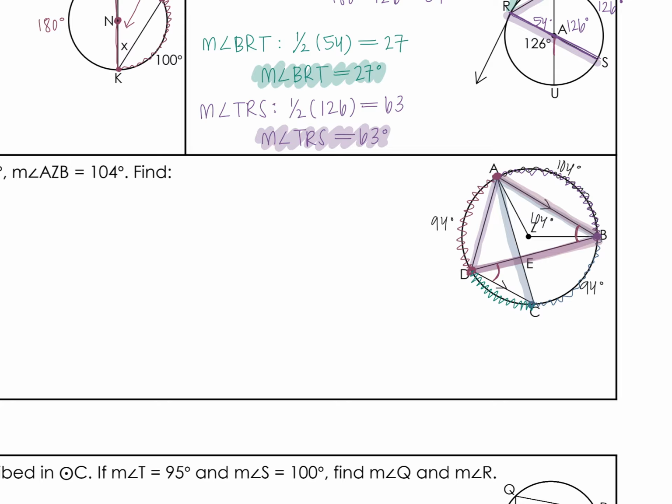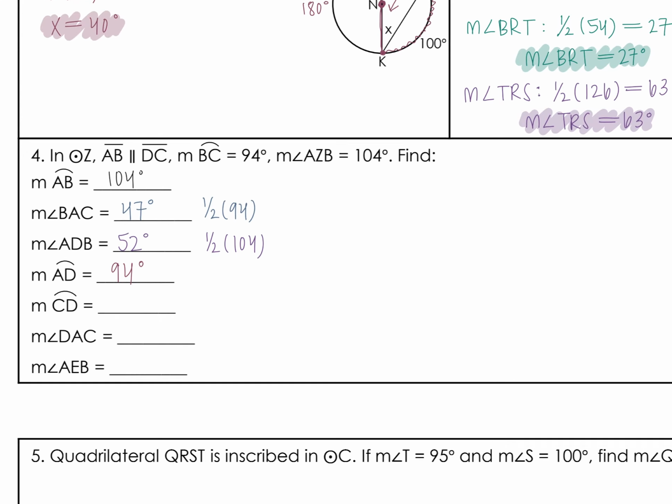So what we can do is take everything and subtract from 360 to see what we're left with. When you take that 360 minus 104, minus 94, and minus another 94, you are going to be left with 68 as your answer. So the measure of that arc should be 68 degrees.